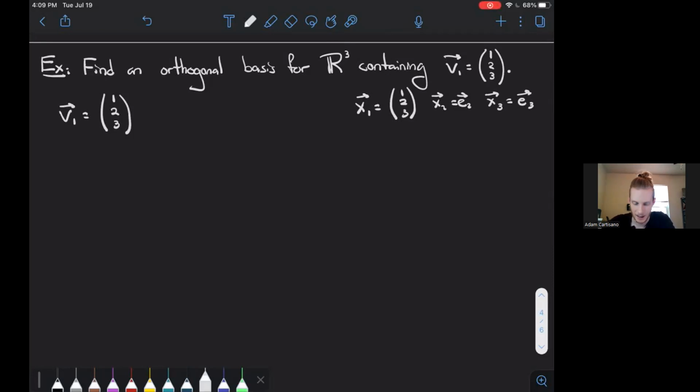Okay, great. So this is v1, (1, 2, 3). For v2, we need to do the projection of e2 onto (1, 2, 3). This is not going to be great.